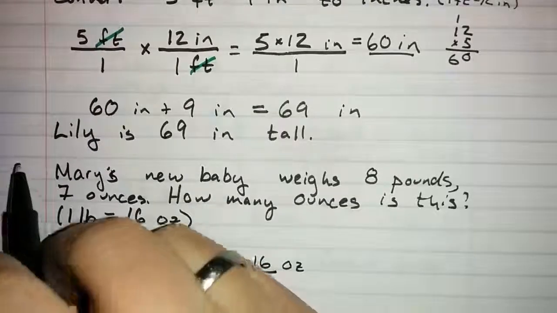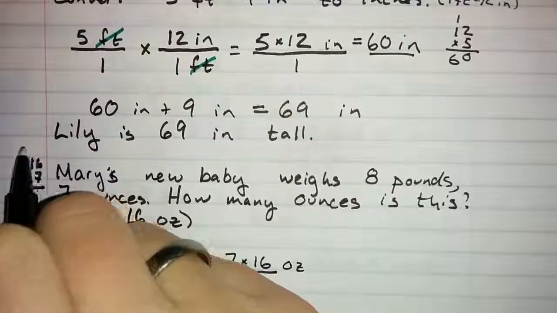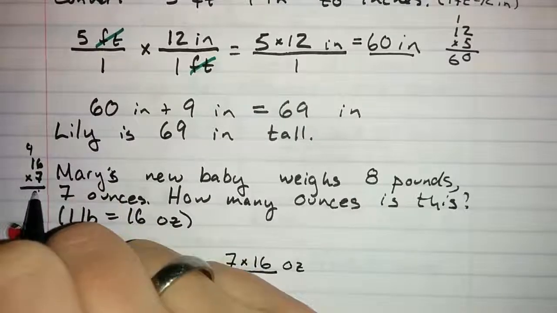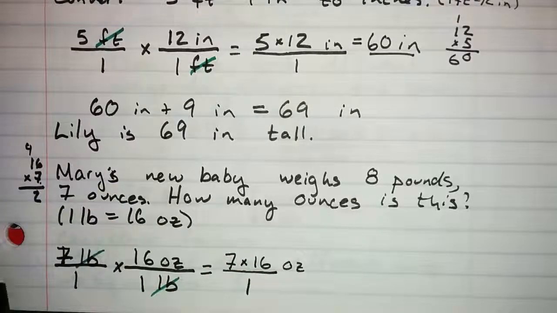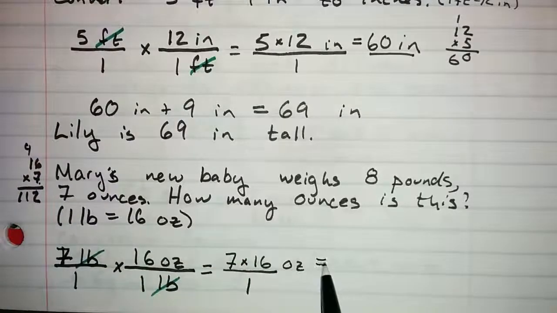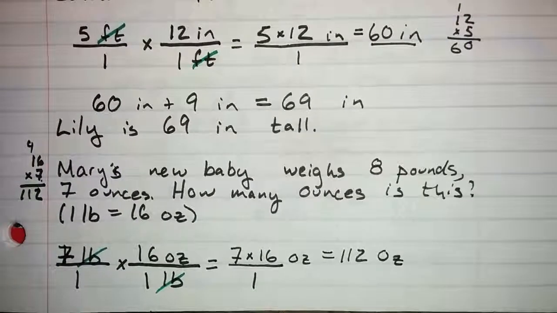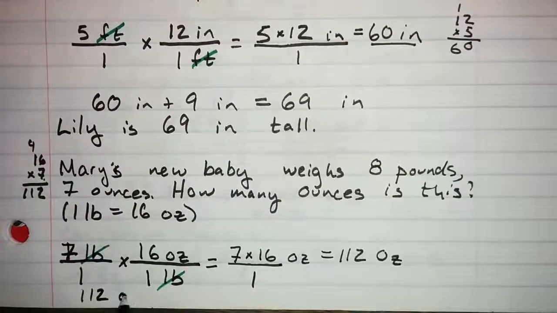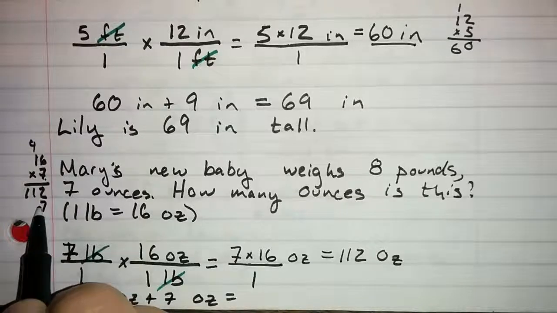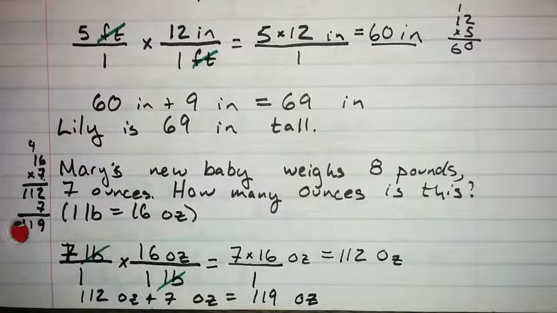Multiplying that out, 16 times 8, 8 times 6 is 48, 8 times 1 is 8, plus 4 is 12. We get 128 ounces. So 128 ounces plus 7 ounces. Adding that on, we have 135 ounces.